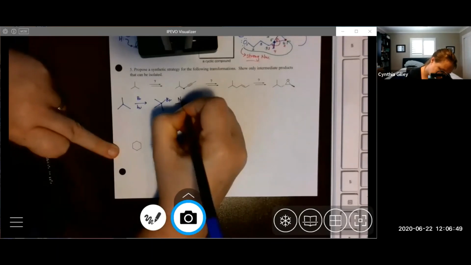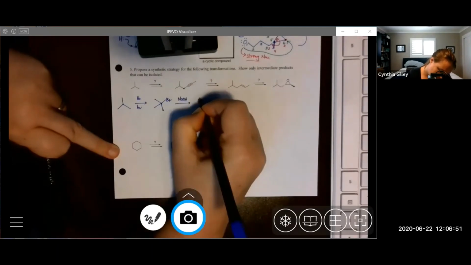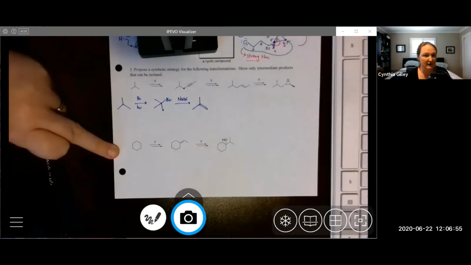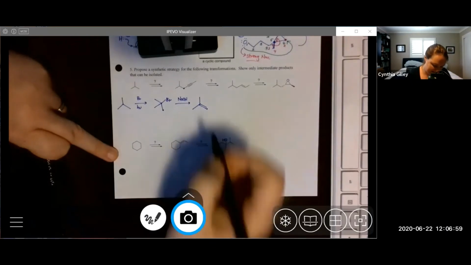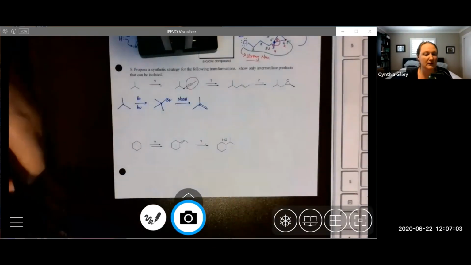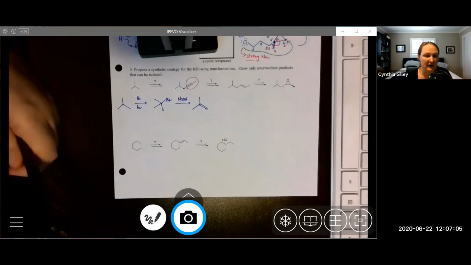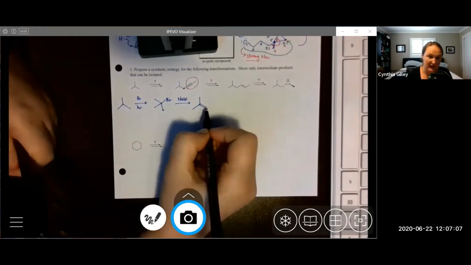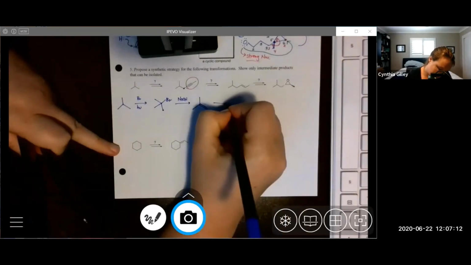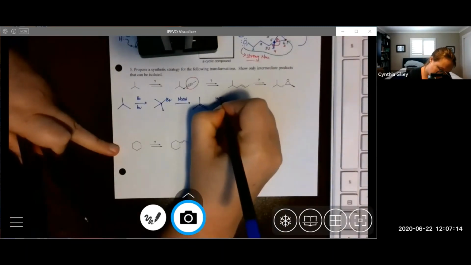We've actually seen this before. Now my carbon has a double bond. If I'm going to add in an alkyne to get this alkyne, so if I'm going to use an alkynide ion, then I need a leaving group attached to that carbon. A leaving group would be bromine.